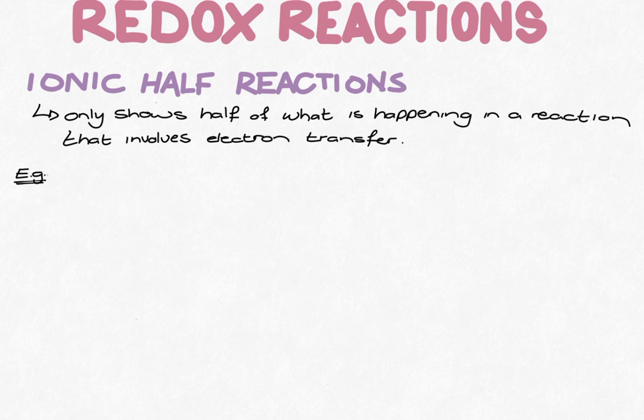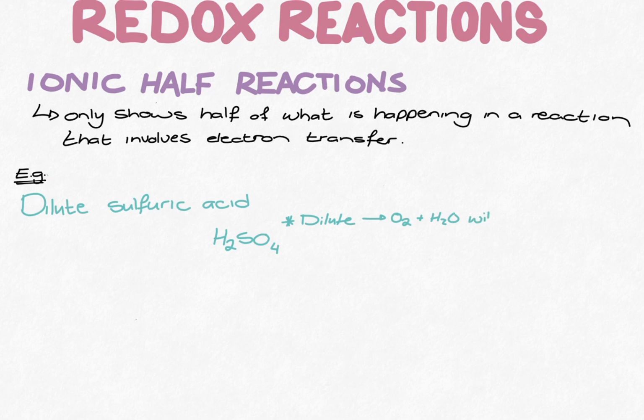Lastly, we're going to have a look at dilute sulfuric acid. Now this is H2SO4. Now firstly, because it is dilute, oxygen and water would be produced at my anode. But because it's hydrogen at my cathode, it does not matter how reactive hydrogen is, because it's the same atom.